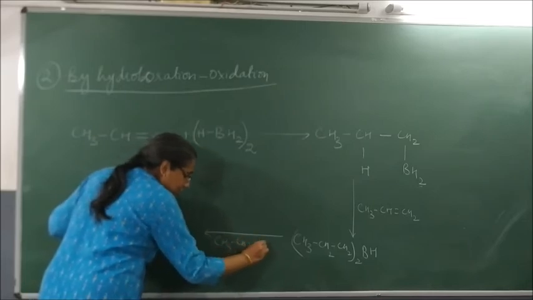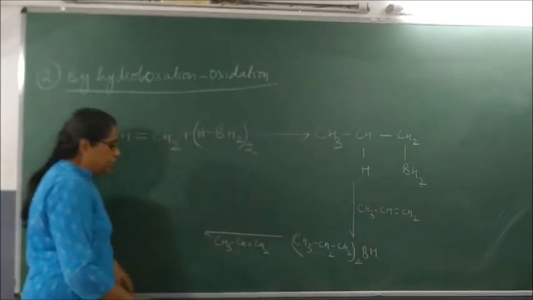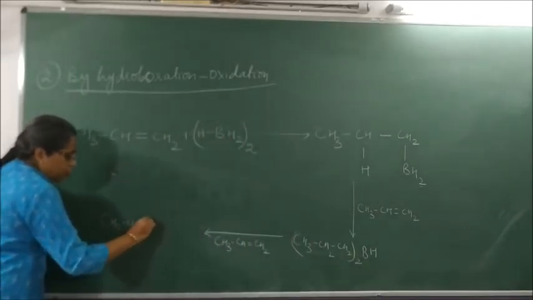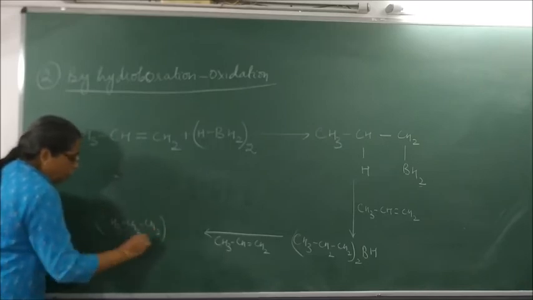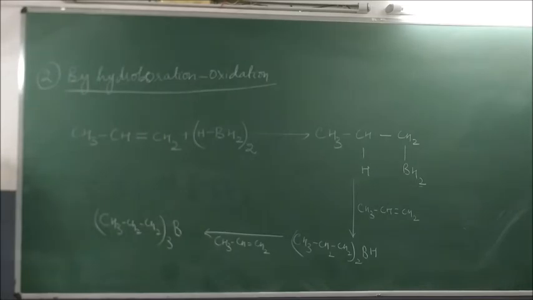So I will again react it with one more molecule, CH3, CH, double bond CH2. So this H also will be replaced. So I get CH3, CH2, CH2, whole thrice B. This is called trialkyl borane.